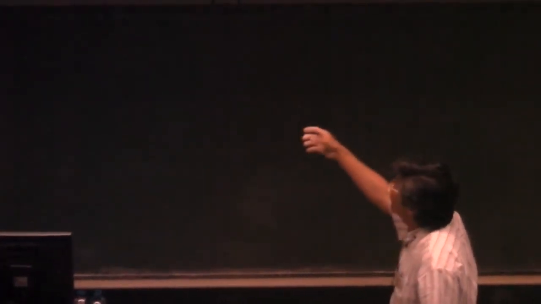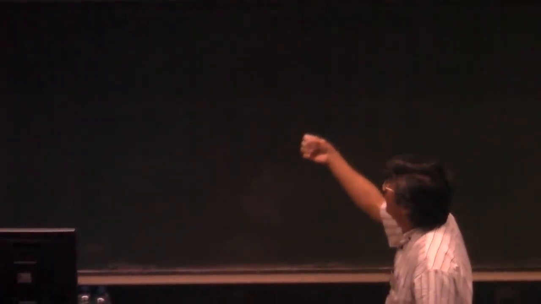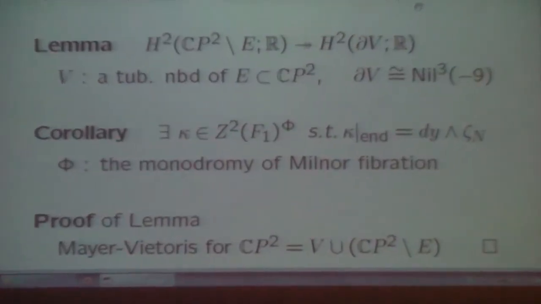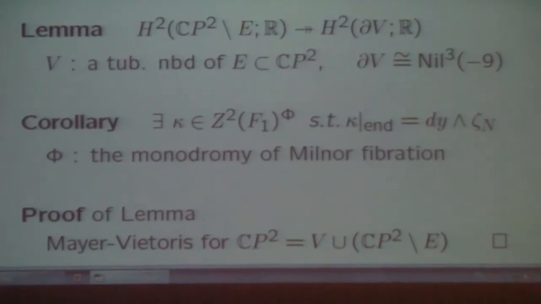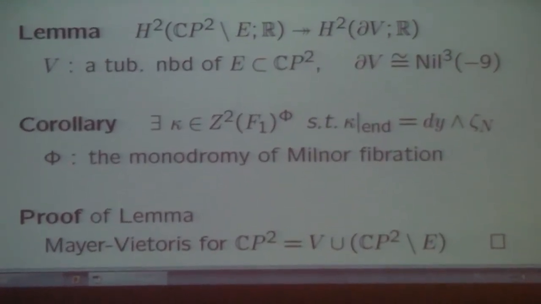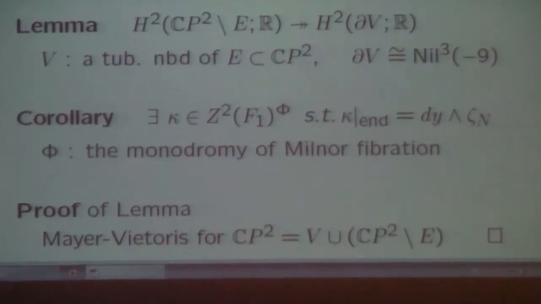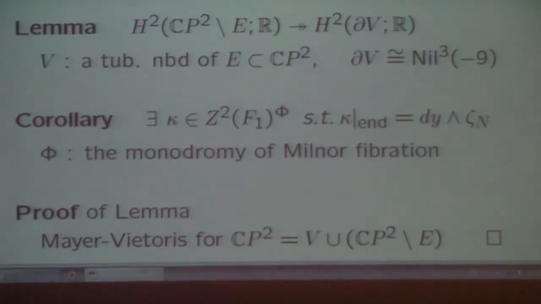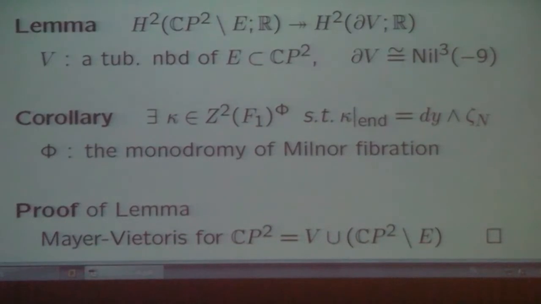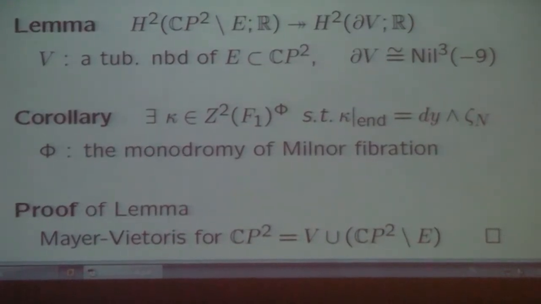So simply, if you take the tubular neighborhood of the elliptic curve in CP2, that is denoted by V. In this case, what we have to show is that the boundary of the tubular neighborhood of the elliptic curve V is again a nilpotent 3-manifold.